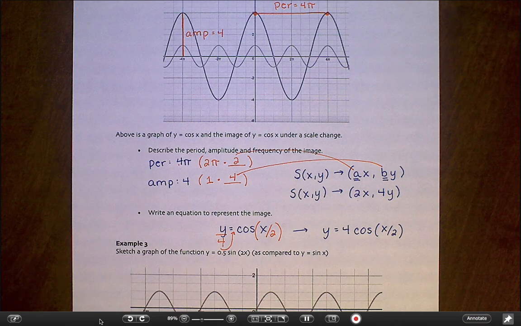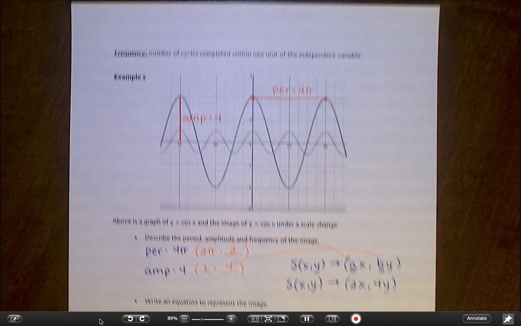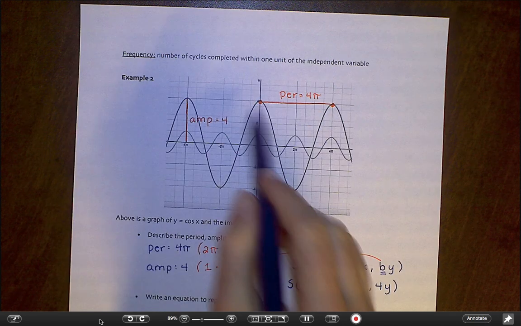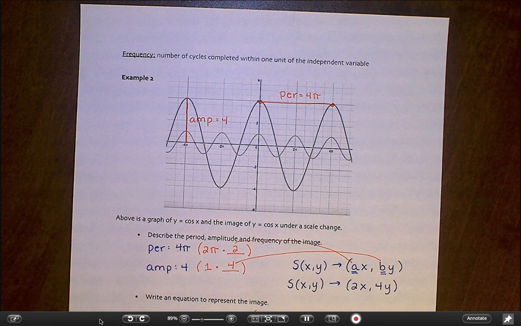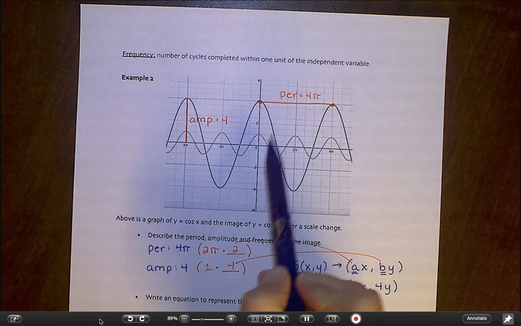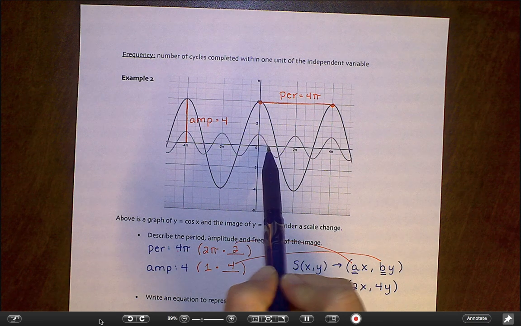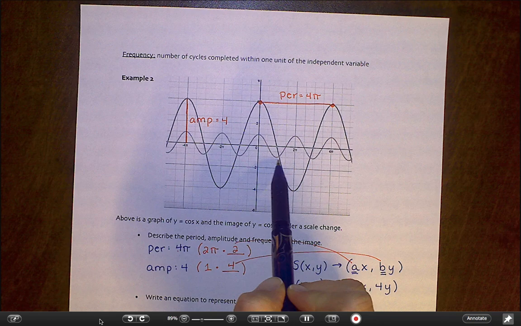Okay, let's talk frequency really quick. Frequency is probably a term that you've heard in the context of one of these graphs. It's the number of cycles completed within 1 unit of the independent variable. That is a confusing way for us to think about frequency, but it's really saying, if I go from 0 to 1, or however this is numbered, 0 to pi over 2, how much of a cycle have I completed?